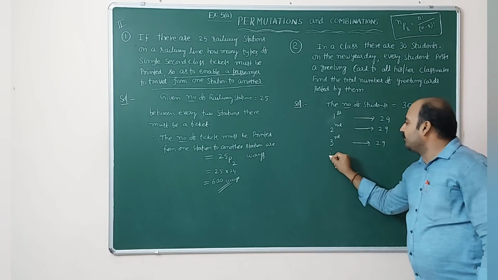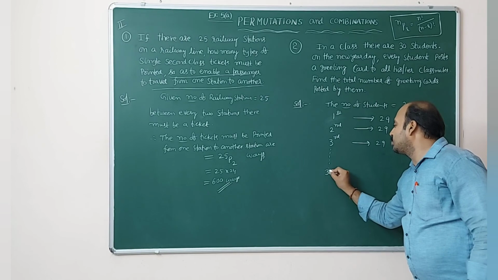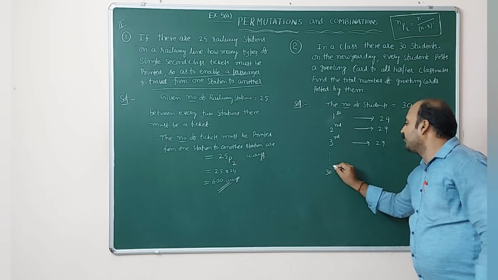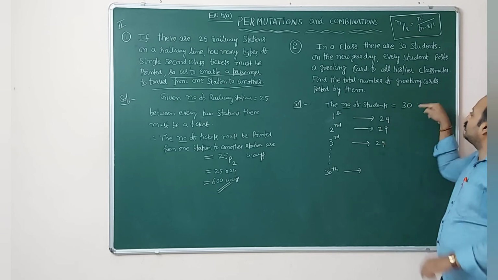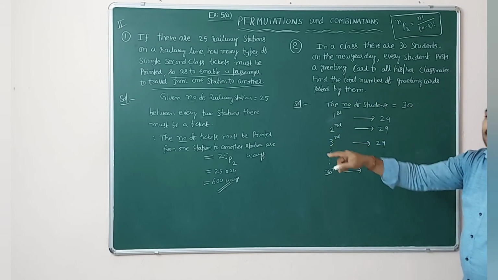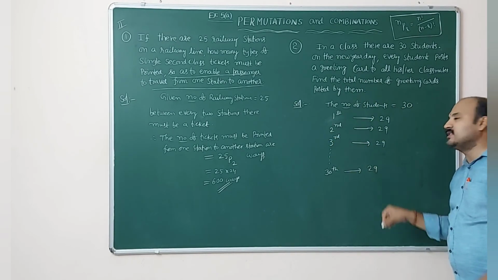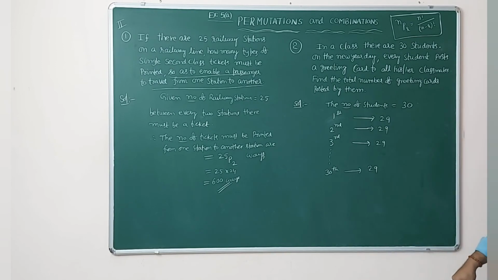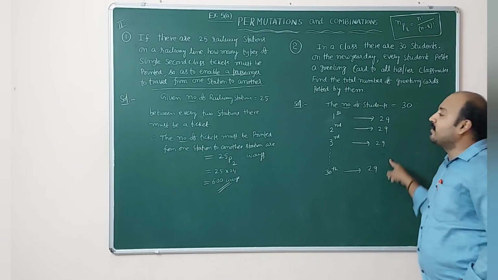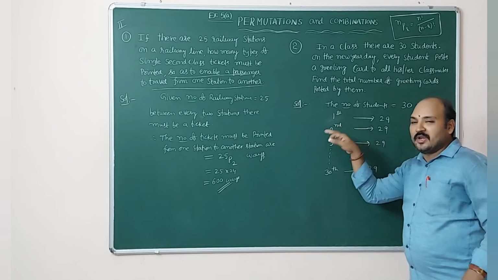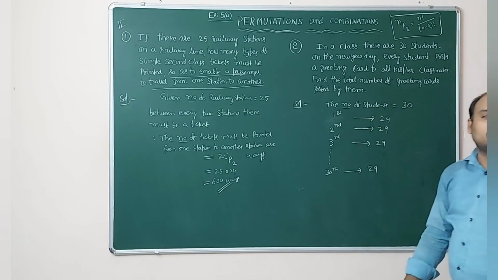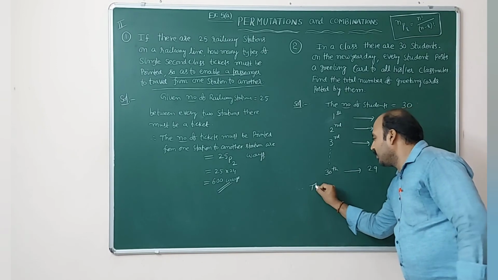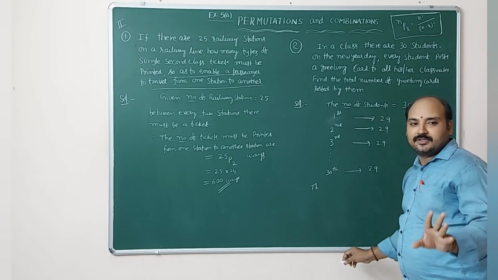Like this way, the 30th student also will post. So for the 30th student, the other 29 students are there. For 29 students, he has to post the greeting cards. Are you able to hear now? Are you able to understand?